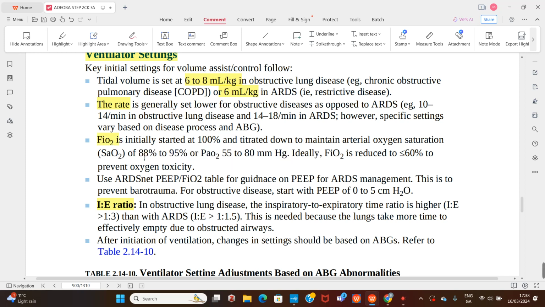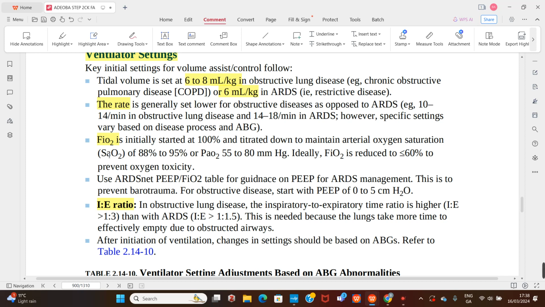is the fraction of inspired air, that is oxygen. We remember I asked, who remembers the parameters that we said we are going to use to increase oxygenation? We talked about FiO2 and PEEP.